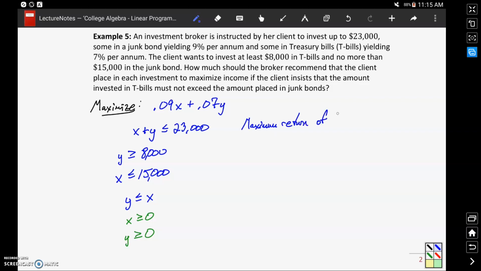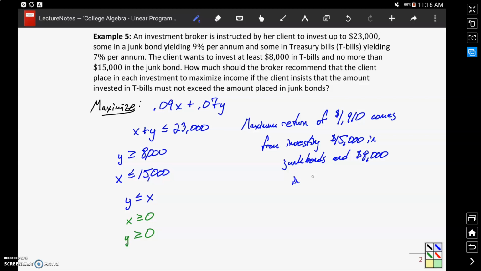So that maximum return of $1,910 is going to come from investing $15,000 in junk bonds and $8,000 in Treasury bills or T-bills.